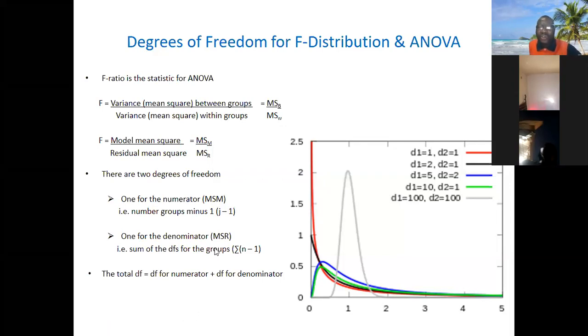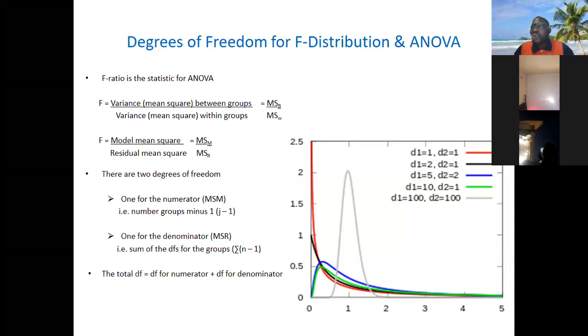So when you say ratio, it means that you are dividing. Ratio is not about addition, multiplication, or subtraction. Ratio is about division, dividing two quantities. So when you say F ratio, it means that you are dividing variances.